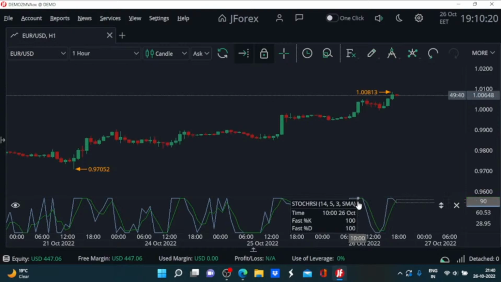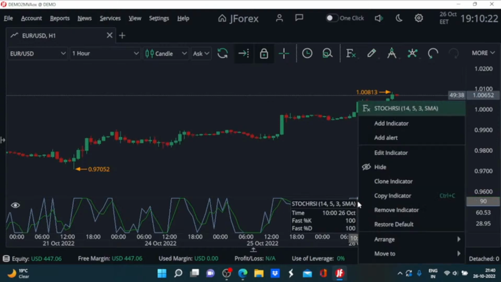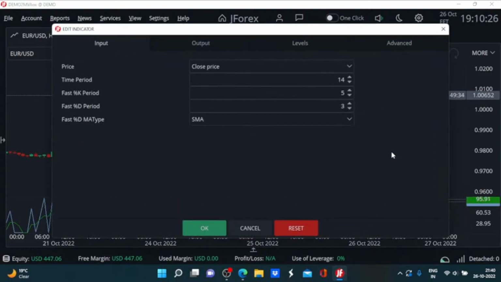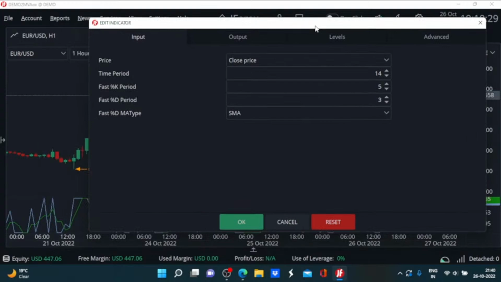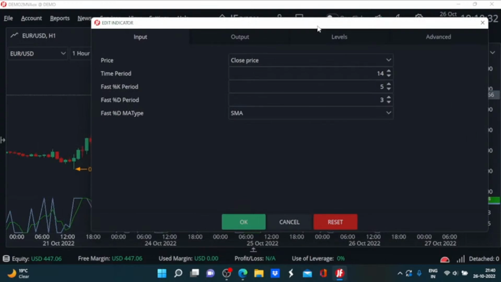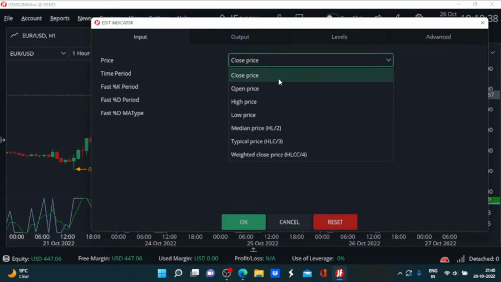Now let us consider what customization options are available to us for this indicator. So now I am going to consider these various input parameters which can be customized as per our requirement. We generally use the close price as the input for calculation of the RSI, and based on that RSI output, we then further calculate the fast percent K and fast percent D parameters.